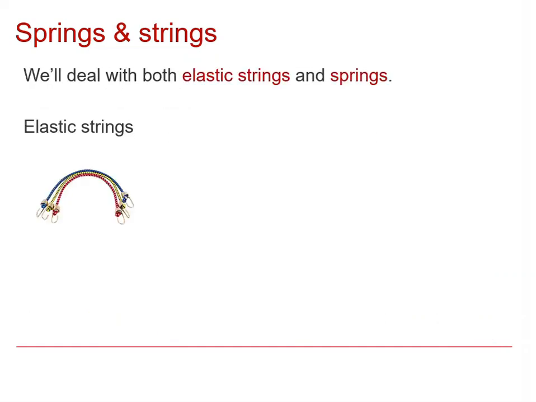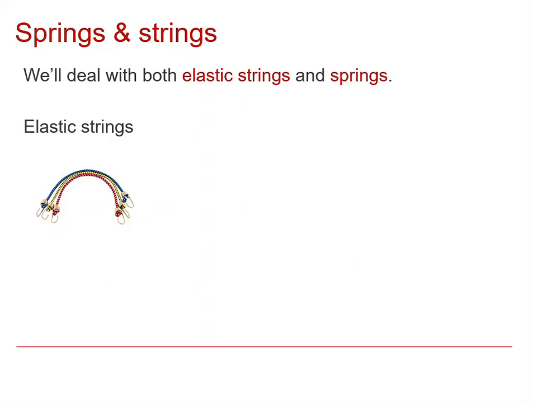Now, mathematicians make a distinction between strings and springs when they use the idea of elasticity. A string can be stretched and will give you resistance, but if you try pushing a string when it goes slack, it simply goes limp and you have nothing to show for your efforts. On the other hand, with a spring, it's different.